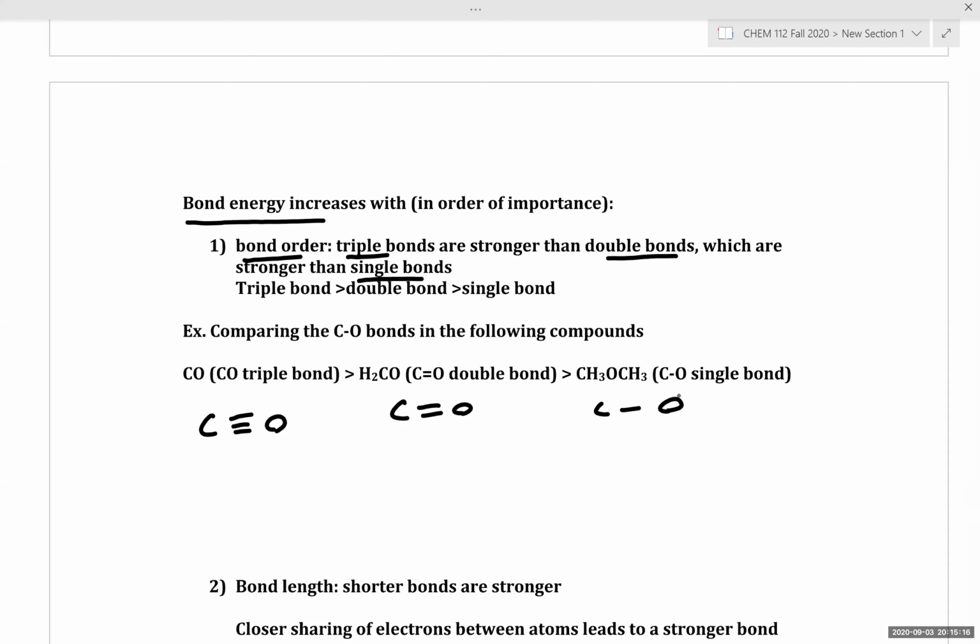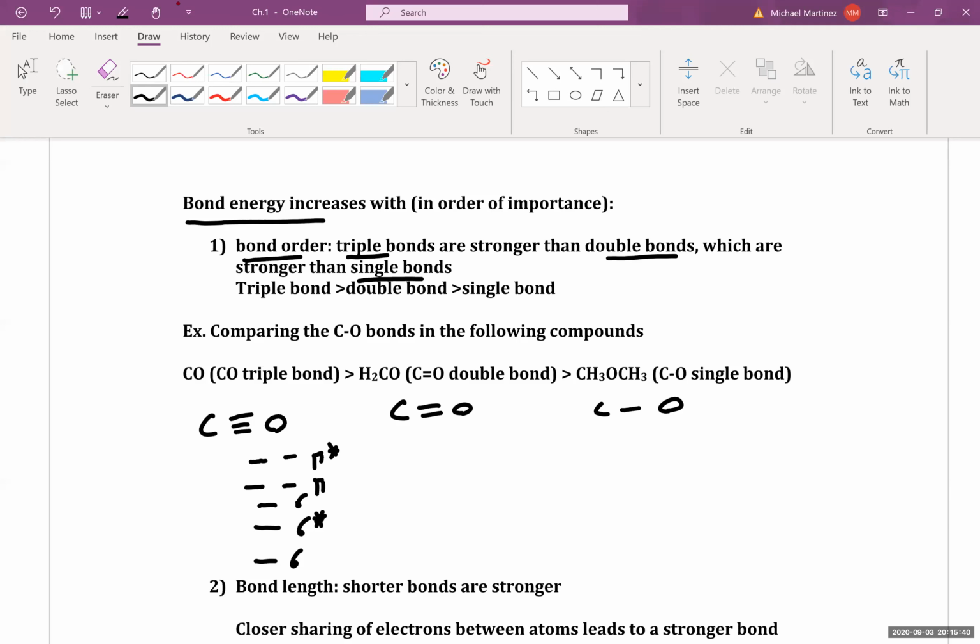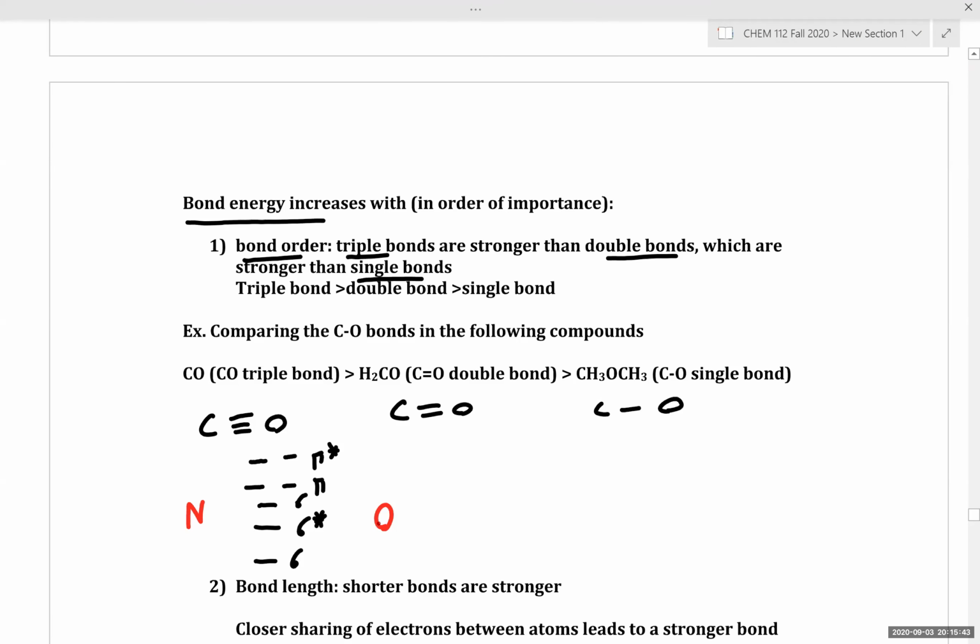Likewise, if you calculate a bond order, let's suppose that you're looking at a molecular orbital diagram and you calculate your bond order. Remember the example where we're looking at a nitrogen-oxygen bond? So we filled in the structure for nitrogen monoxide and we calculated our bond order to, in this case, be 8 minus 3 over 2, which is 2.5.